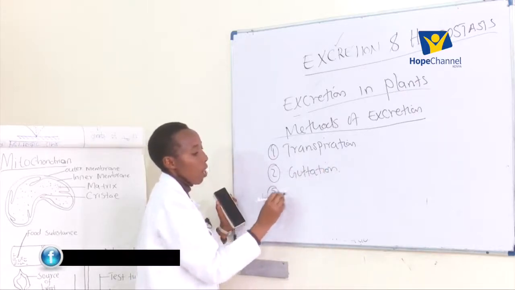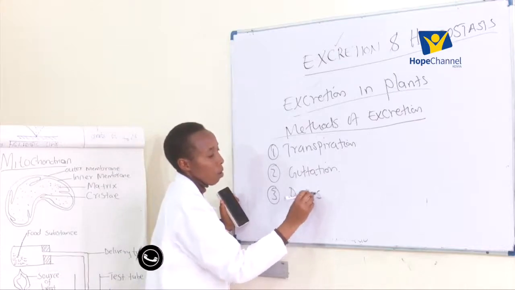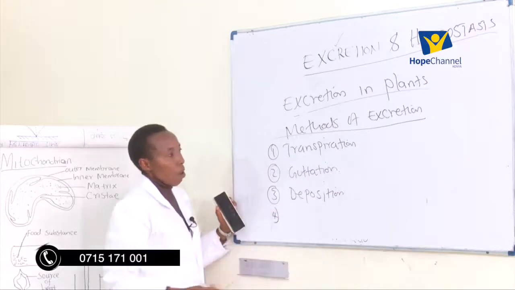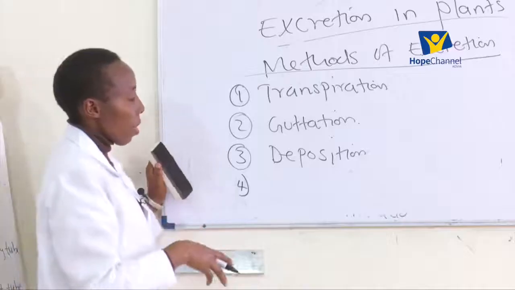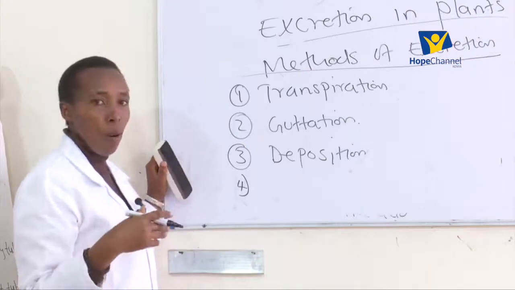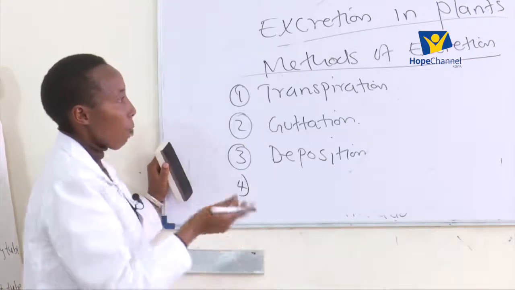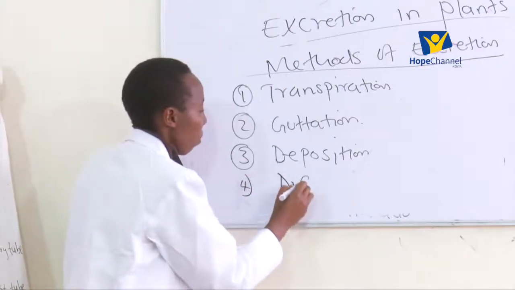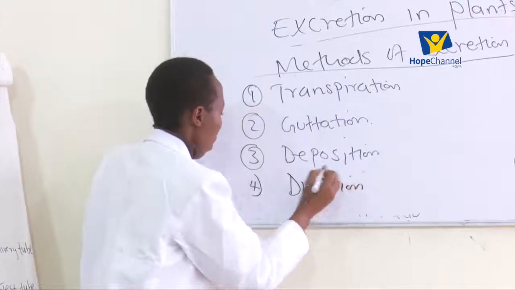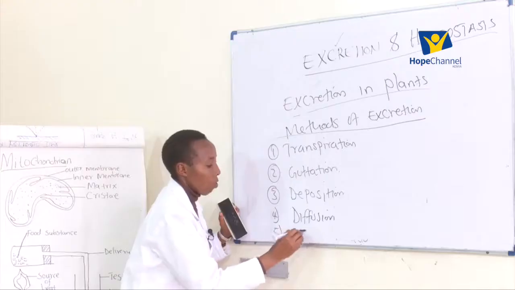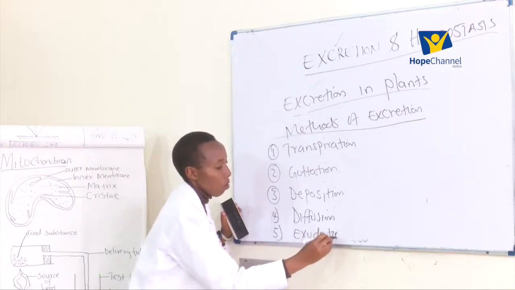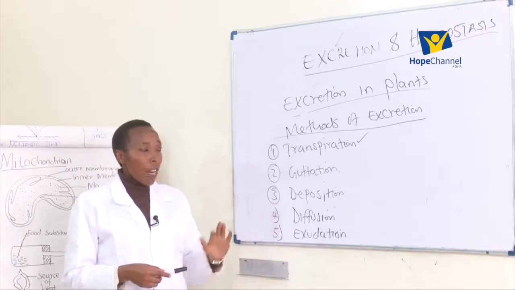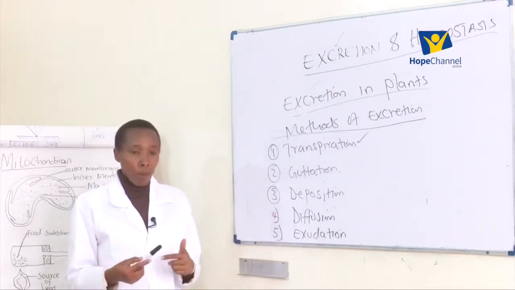Number 3, we have deposition. Then we also have diffusion. And lastly, we have exudation. These are our 5 methods of excretion in plants, and we are going to discuss them in the next episode.